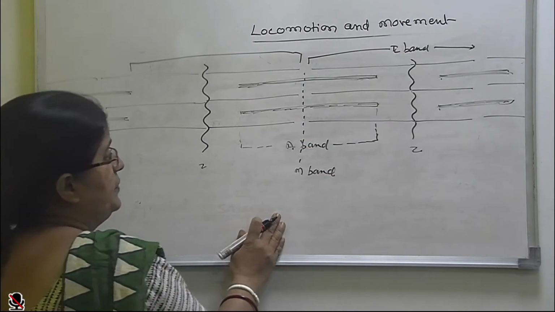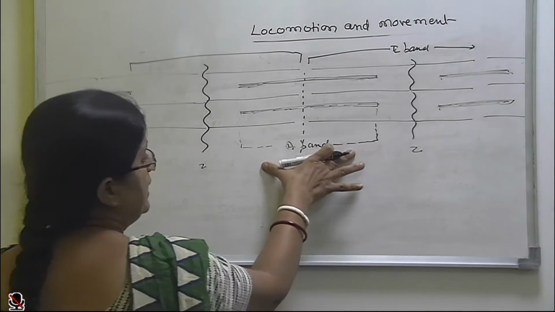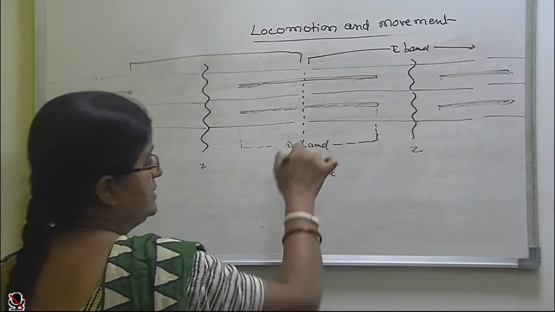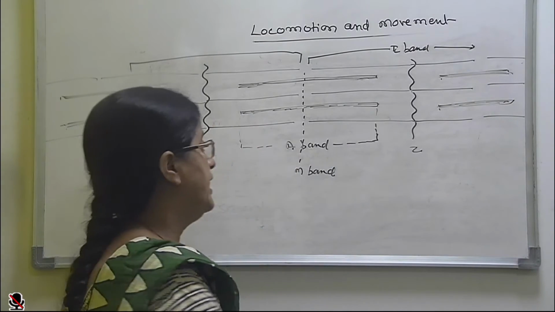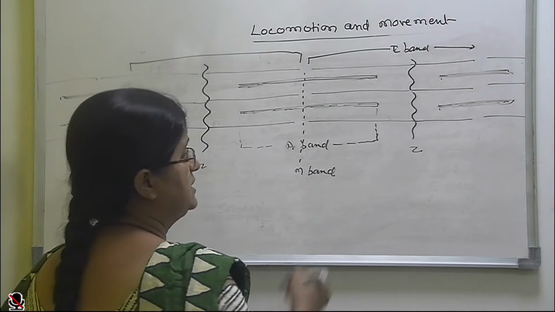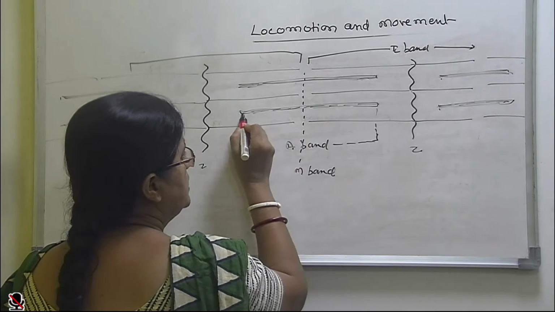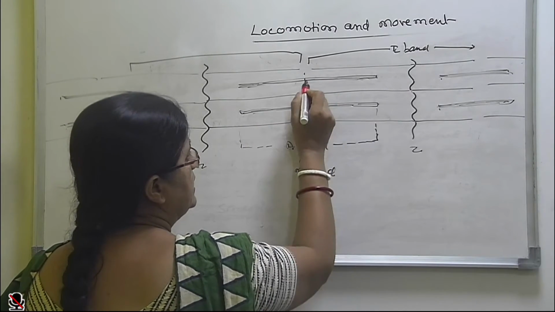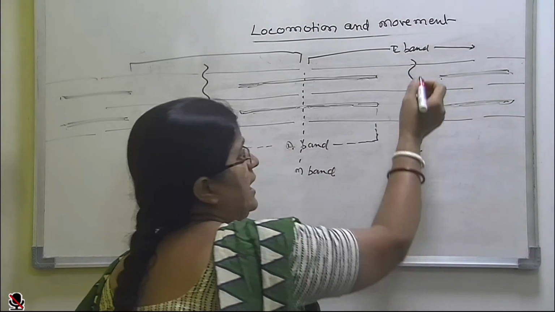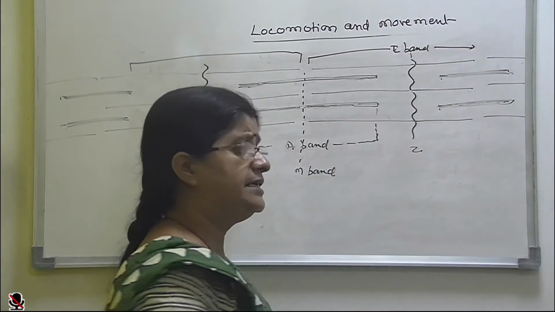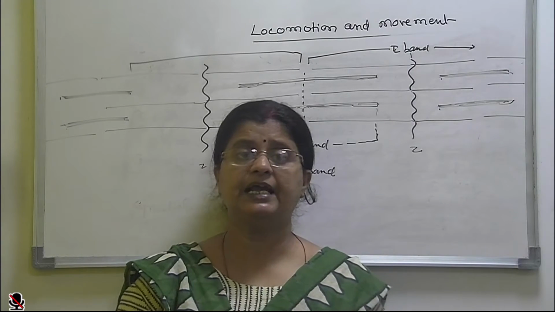So remember, in the A band there is the M band, and with its help the myosin filaments are held together, right? And in the I band there is the Z line in between.